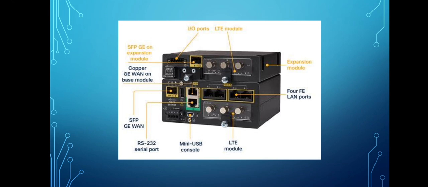It has an SFP WAN, RS232 serial port, mini USB console, LTE module, 4 Fast Ethernet LAN ports, and an expansion module. We will be discussing this in more detail in the next sessions, if you want me to explain in detail, or else you can skip ahead a bit.